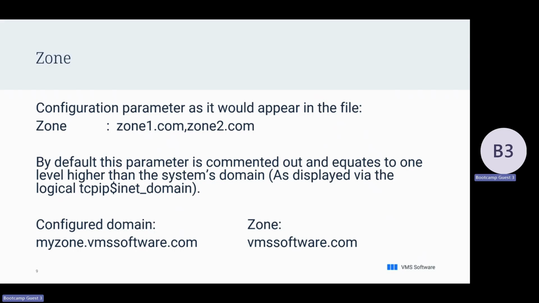You can also get to, like we have sister companies. Let's say I can also get to my sister company. And so my zone parameter could be vmssoftware.com, 21stcentury.com. Remember how I said sometimes it appends, sometimes it replaces?